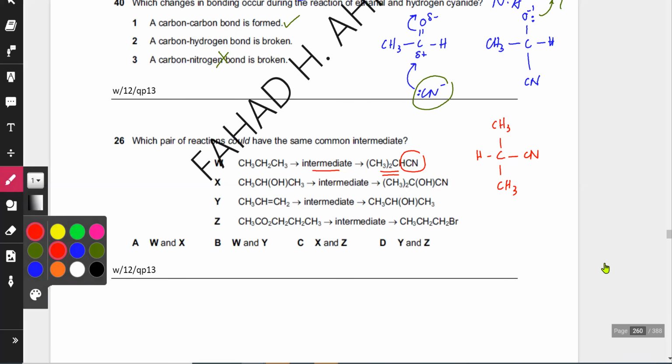Now, because I want the CN on the middle carbon atom, in the intermediate stage the Cl would definitely be on the middle carbon atom. That is why the CN is also getting attached on the middle carbon atom. So to get a CN, I need a halogenoalkane. So that should be my intermediate.